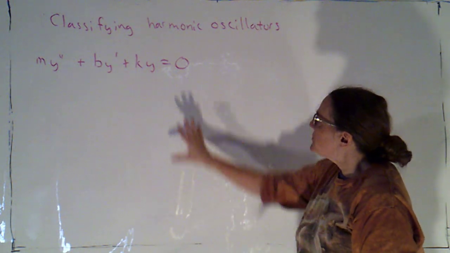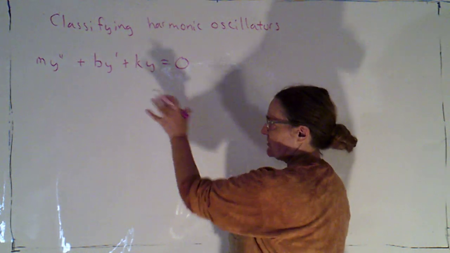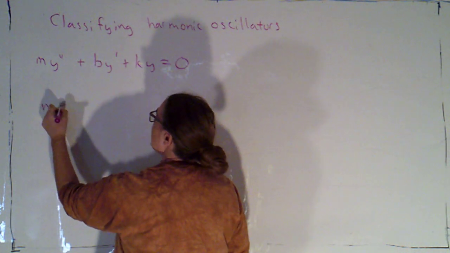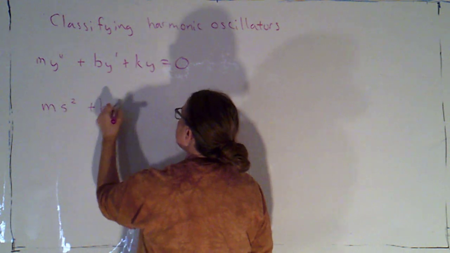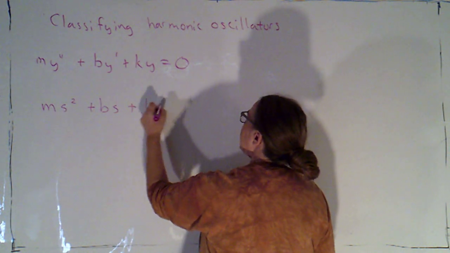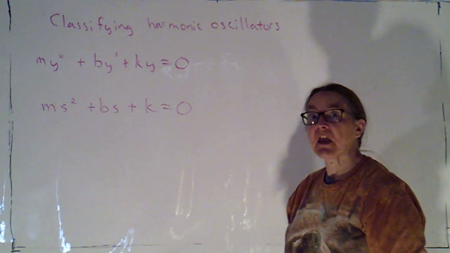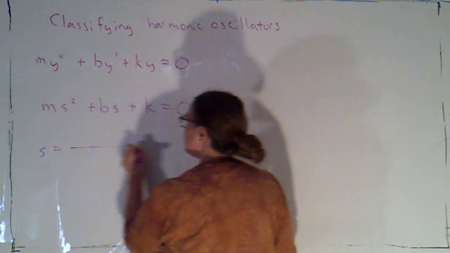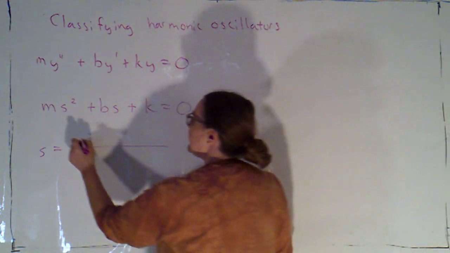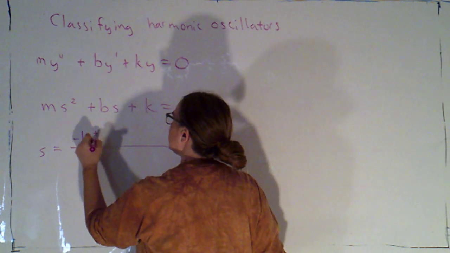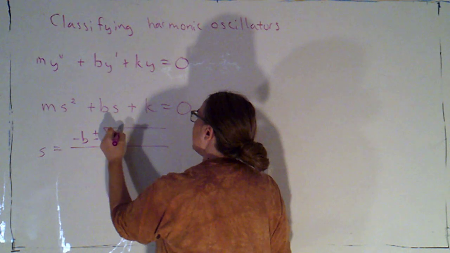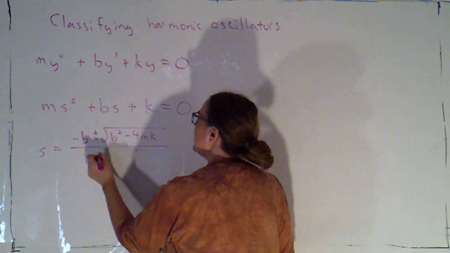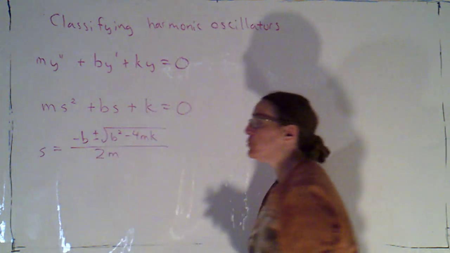Okay. So, if I have this sort of a situation, my characteristic equation is going to be ms squared plus bs plus k equals 0. So if I look at what the roots are going to be, s would be, just using the quadratic formula, the opposite of b plus or minus the square root of b squared minus 4mk, all divided by 2m.